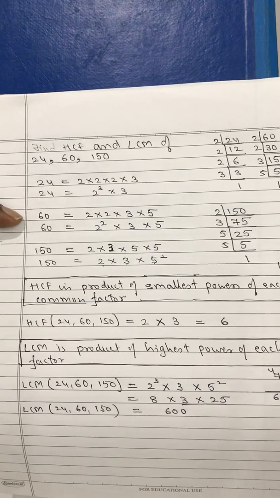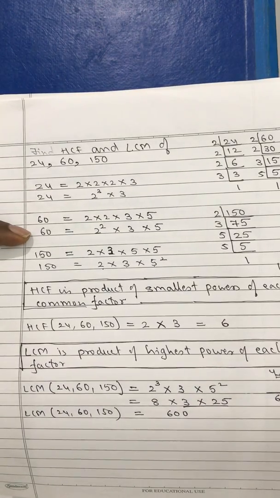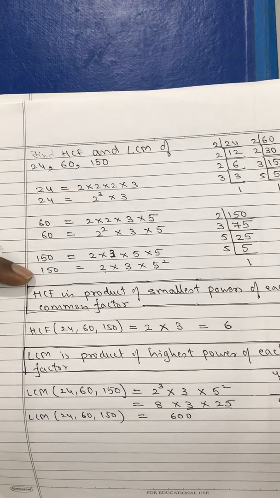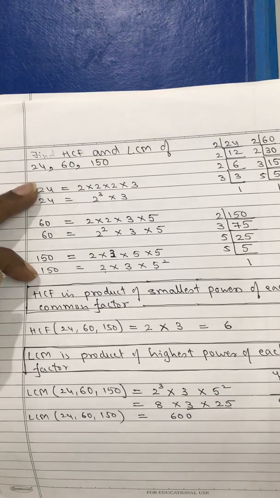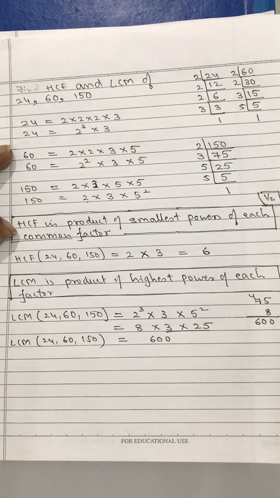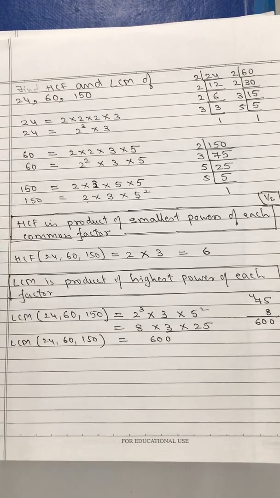We factorized 60 and wrote its factors in power form. We factorized 150 and wrote the factors in power form. Once we have done this, we find the HCF by the same method: HCF is the product of the smallest powers of each common factor. LCM is the product of the highest power of each factor, and we found the HCF and LCM.